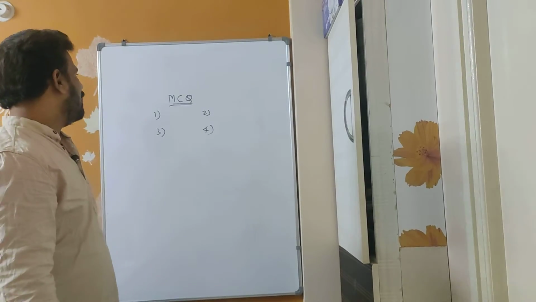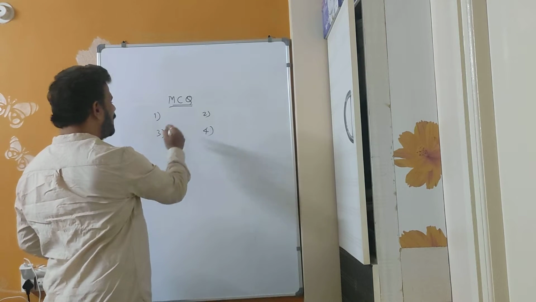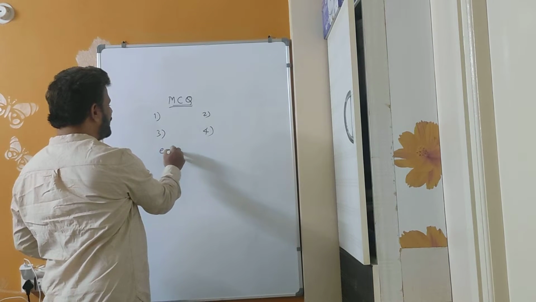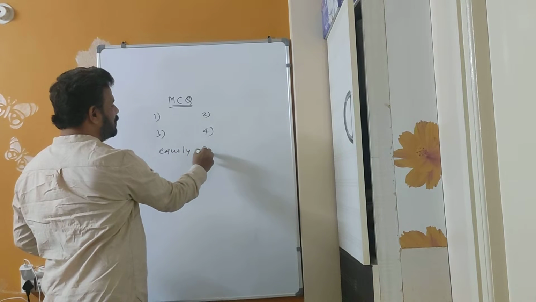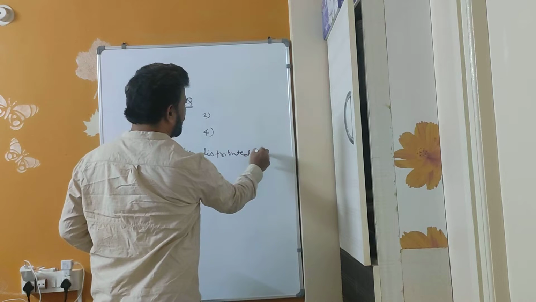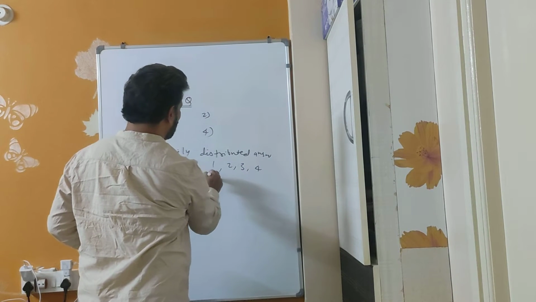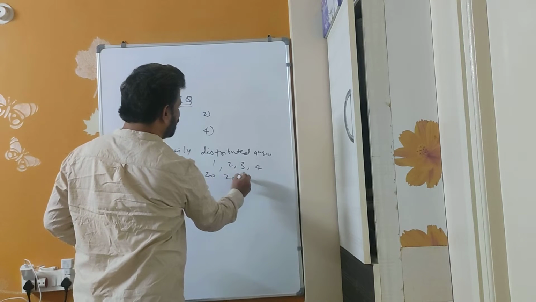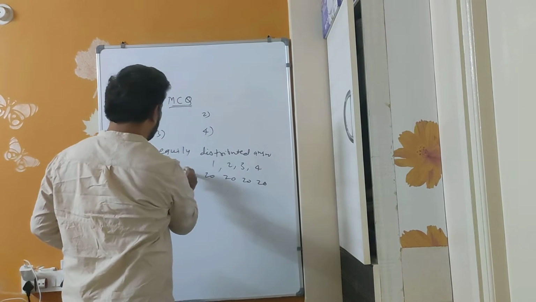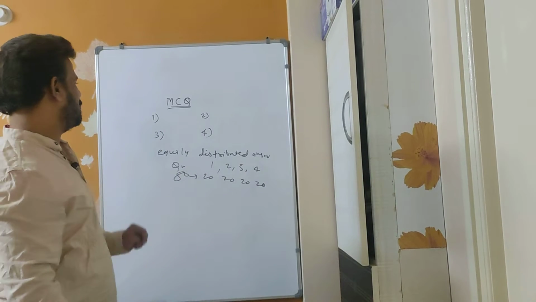Okay. So first, after identifying that all the questions have equally distributed answers, option 1, option 2, 3, 4, let's say 20, 20, 20, 20 for 80 questions, this is our first understood point.